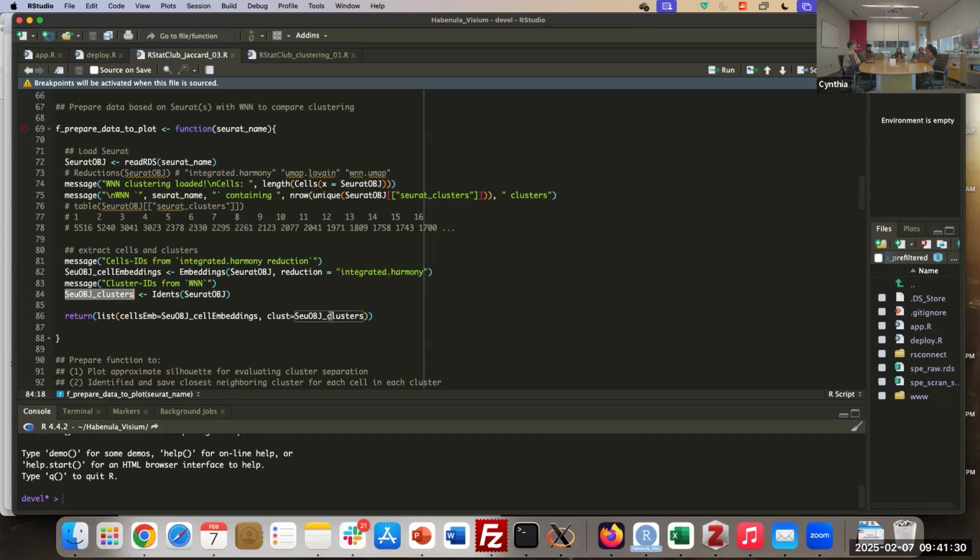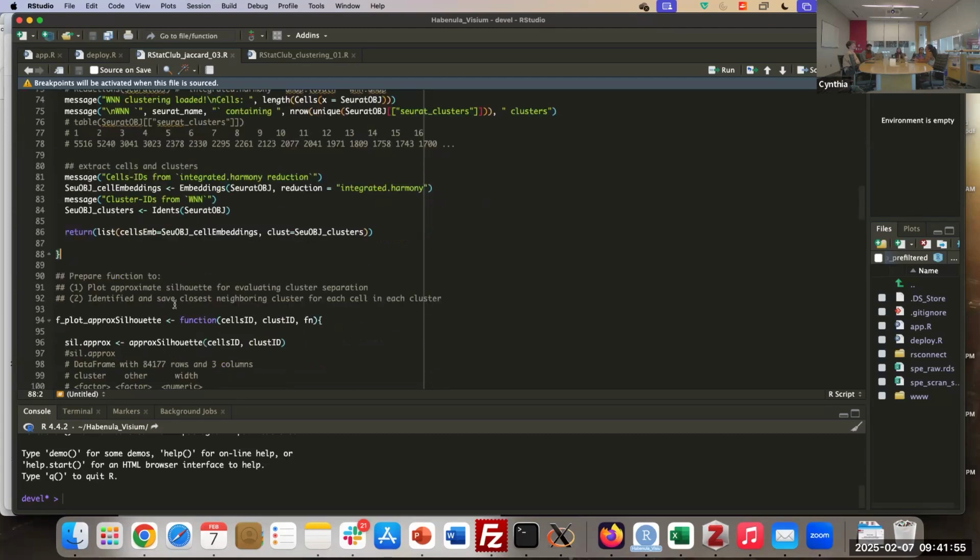So having these two objects, I can compute the Jaccard and I can compute the silhouette approximation and whatever method that we want to apply for evaluation. I think that this was critical to make this script work well. And so I can here load different Seurat objects and just keep the data frames and not the full object with all the assays and all the dimensionality reductions it contains.